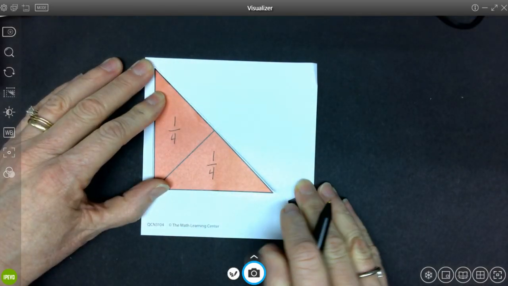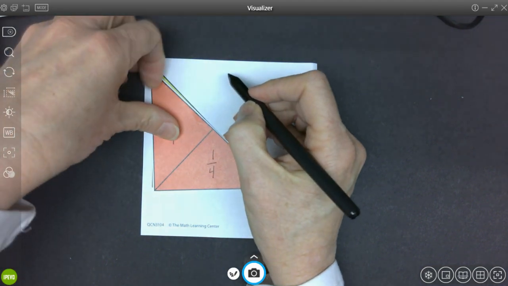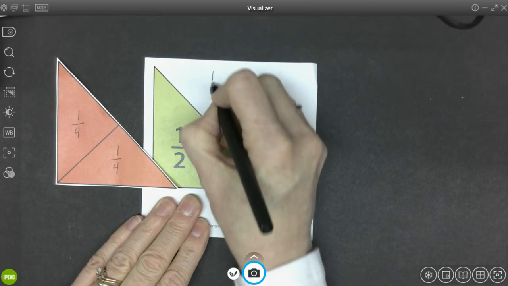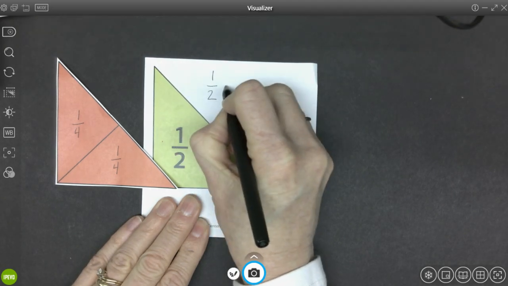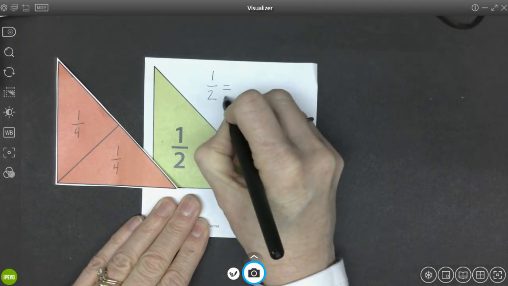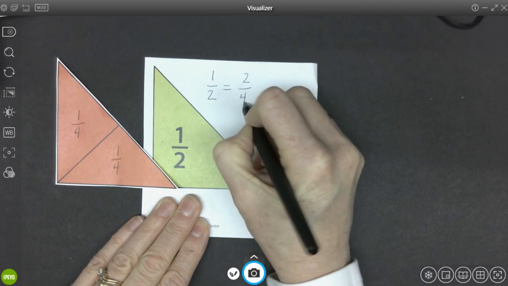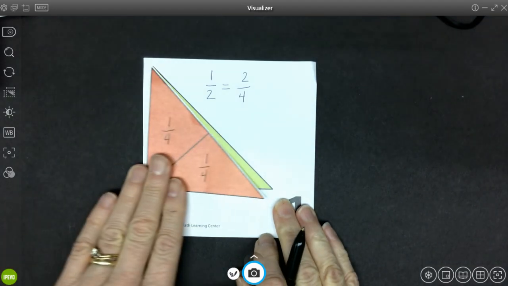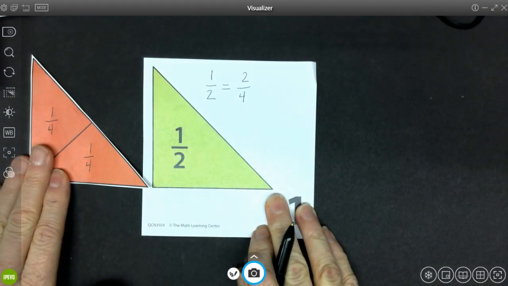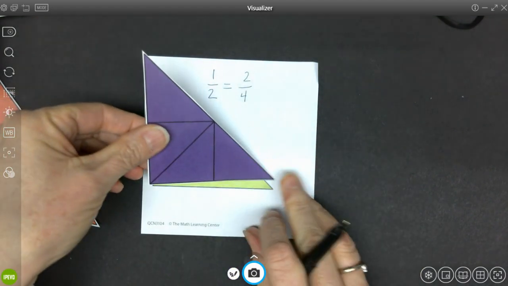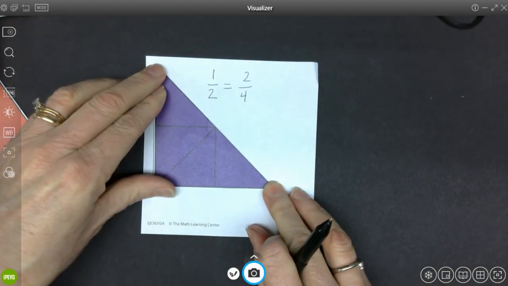And because that is true, we could say then that 1/2 is equivalent to, notice we use the equal sign, 2 fourths, because they cover that same amount. Now let's take these pieces, and again, look at that.